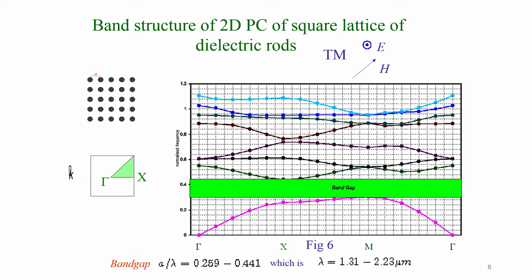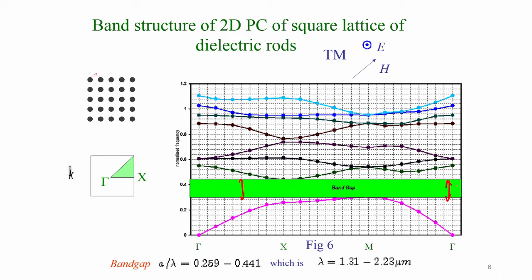So, you choose a unit cell and look at the frequency that is allowed to propagate along the different directions, and you can plot the dispersion curves representing the variation of normalized frequency along the different directions, and you observe that there are several modes that it can allow to propagate. In particular, we would like to notice that there is a band of frequencies which is not allowed to propagate. So, you have a band gap in this region.